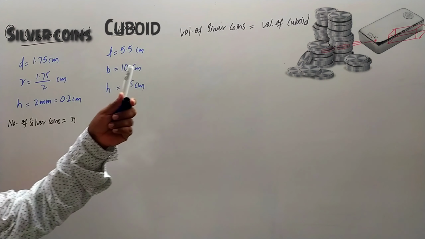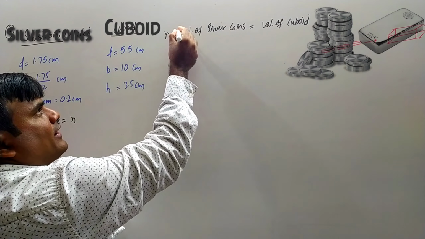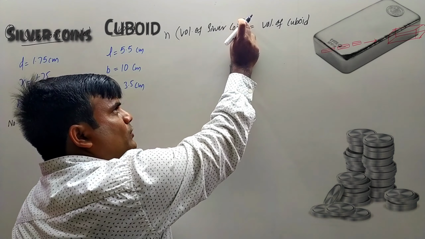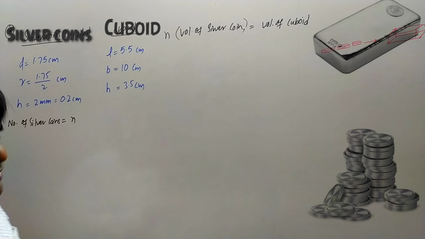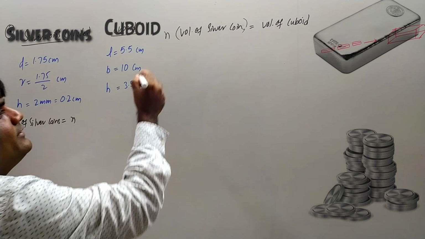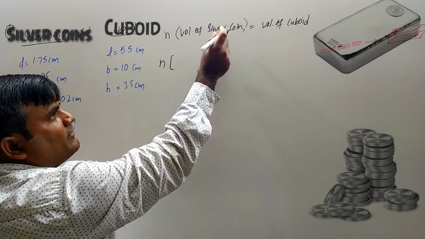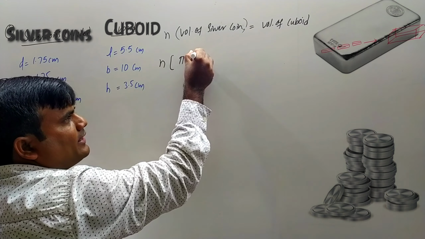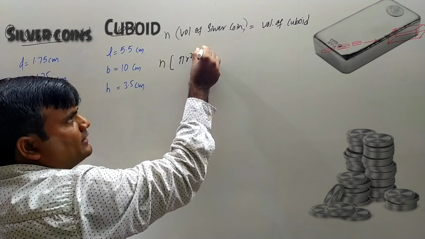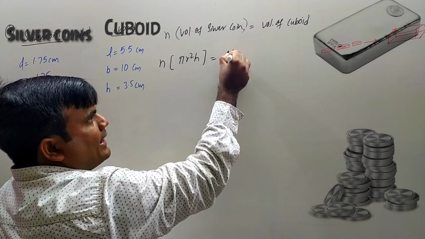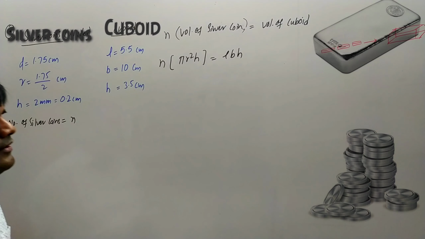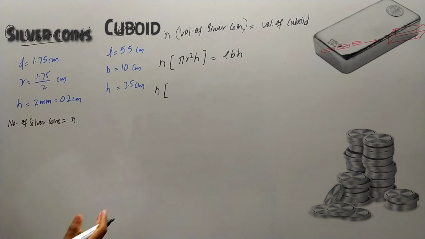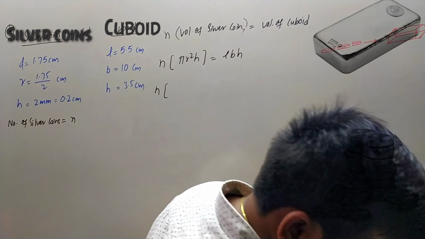So volume of silver coins, here n silver coins are there. So n into volume of one silver coin is equal to volume of cuboid. So that is equal to n into, silver coin is a cylindrical shape, so the formula is pi r square h is equal to LBH. So n into pi, we can take 22 by 7.